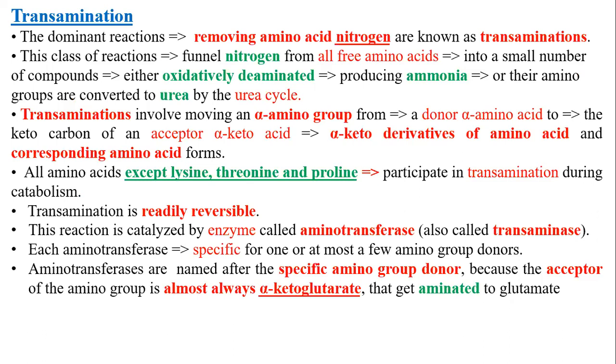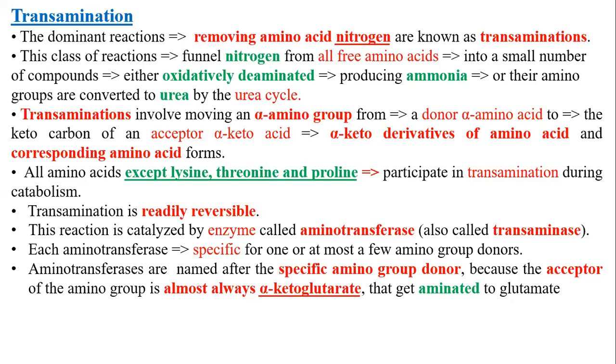This class of reactions funnels nitrogen from all free amino acids into a small number of compounds, which are either oxidatively deaminated, producing ammonia, or their amino groups are converted to urea by the urea cycle taking place in the liver.